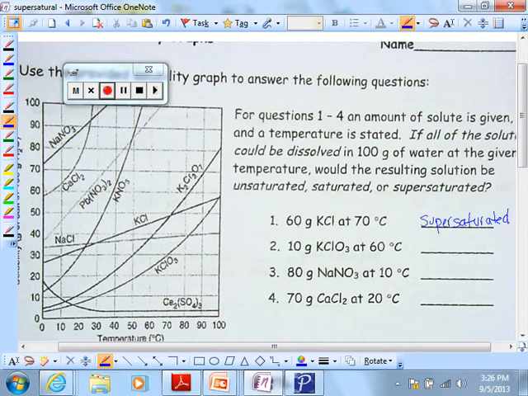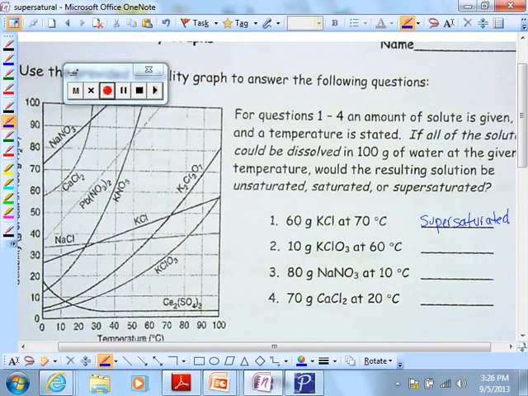Say tea can only take 10 grams of sugar at 50, and at 30 it takes only 6 or 7. Yeah, it can only take less. So solubility is temperature dependent, and you'll notice most of them increase with temperature, but this one drops with temperature, the cerium sulfate. But most of the time, if you want something to dissolve more, take the temperature up.